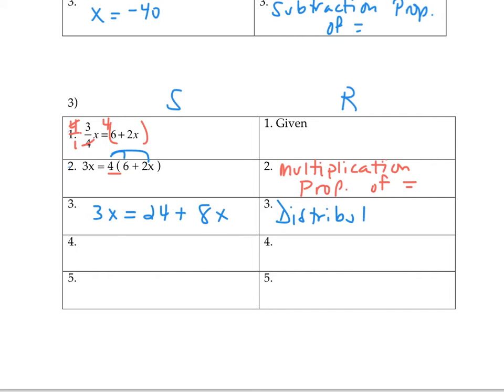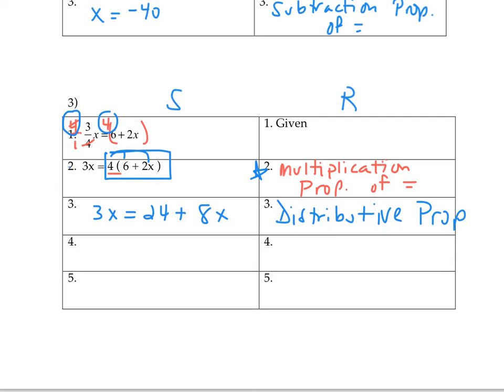I know that we are actually multiplying, but it's different than the multiplication property that we see in line 2. The multiplication property of equality, you have to show that you're multiplying both sides of the equation by the same thing. The distributive property, you're going to show that you're eliminating a set of parentheses by taking the number outside and distributing it to what's inside.